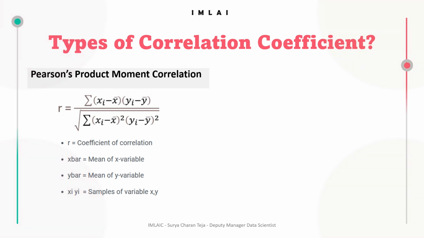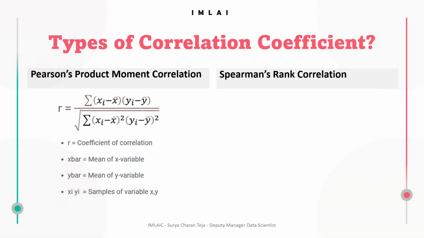The second one that we have here is Spearman's rank correlation. Spearman's rank correlation measures the strength and direction of association between two ranked variables. It basically gives the measure of monotonicity of the relationship between two variables, that is, how well the relationship between two variables could be represented using a monotonic function.